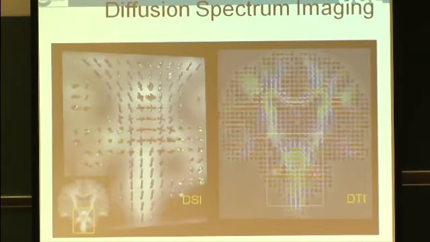Whereas with diffusion spectrum imaging, you're getting at each point actually a functional sphere. Now here it's being decomposed into spherical harmonics. So we see that in some places it's almost isotropic, some places it has one direction of orientation, and some places it has mixed orientation, indicating crossing.